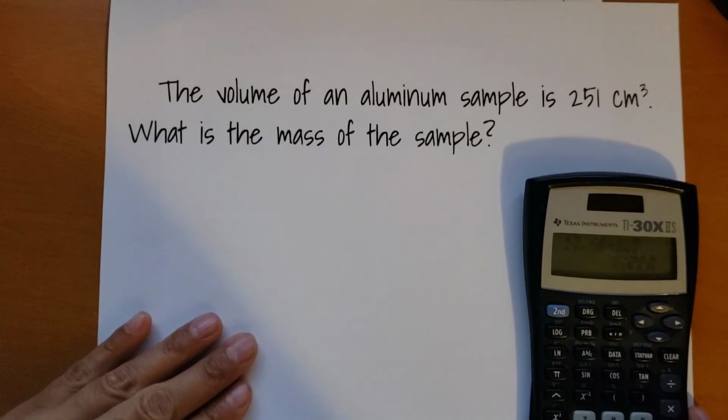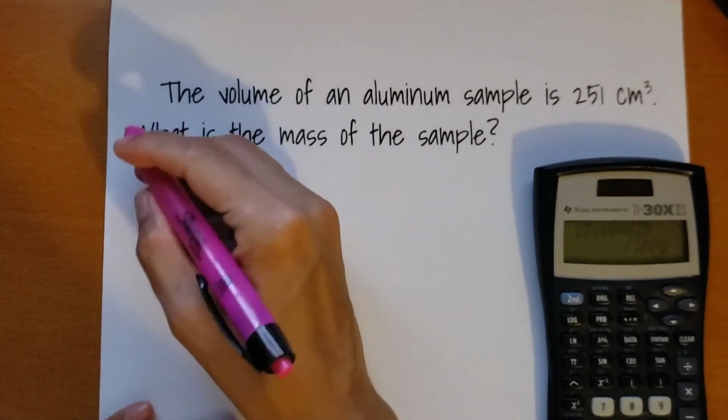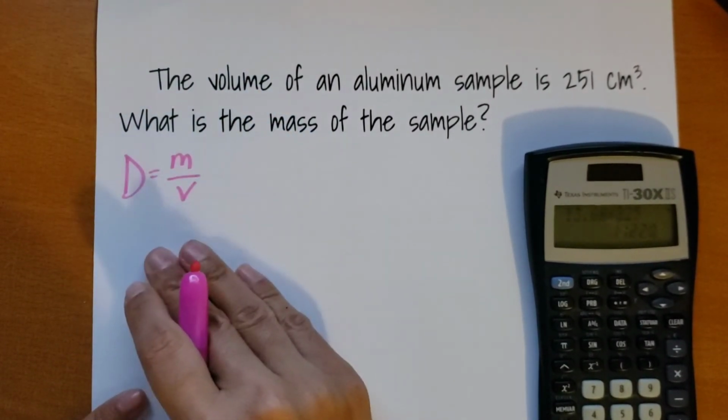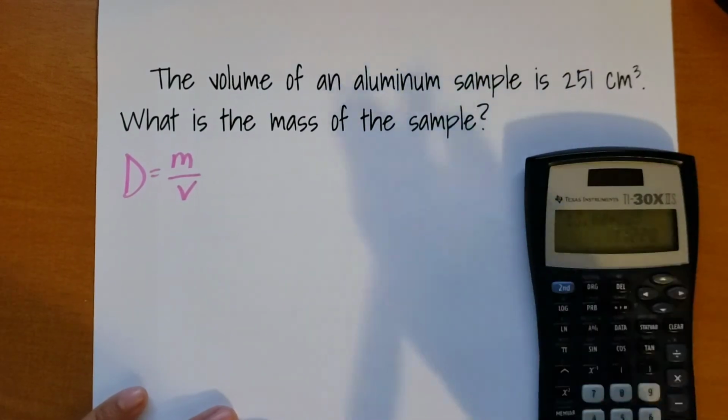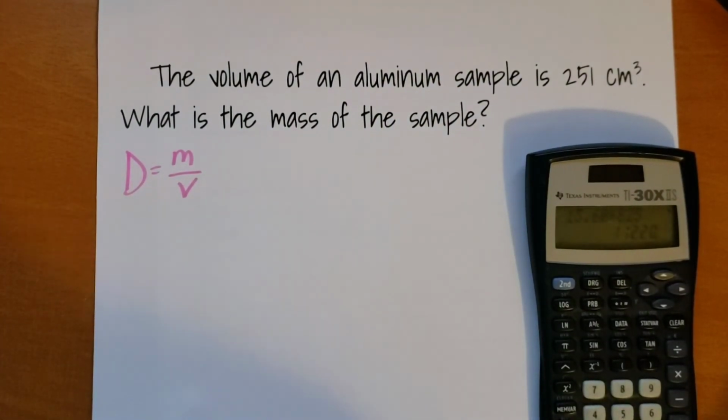In this question, we're looking for the volume of aluminum. So what I'm going to do is I'm going to start with a density equation and plug in the values that I know. So here I can see that volume of the sample is 251.